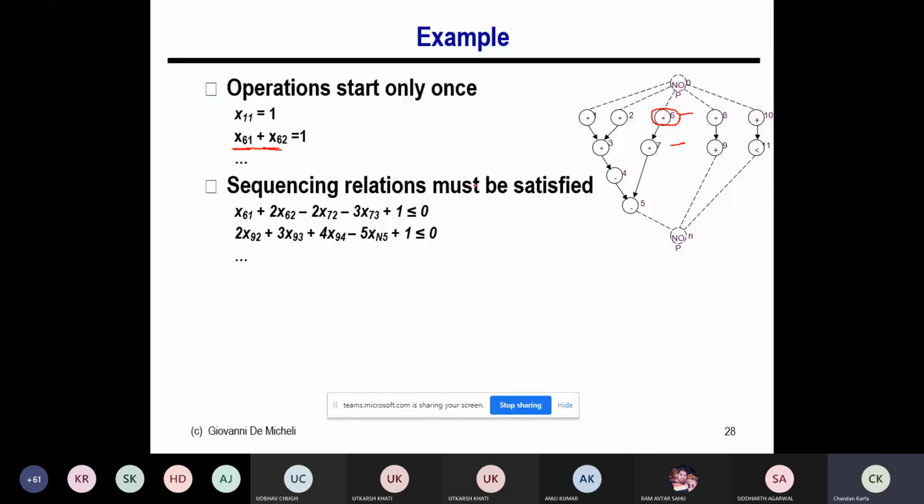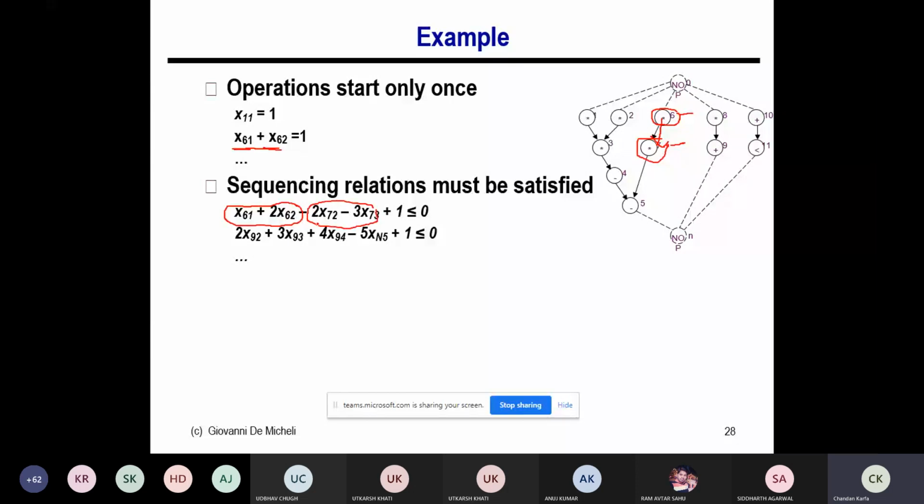And then I have the data dependency constraint. So where I'm saying that the possible start time of, say, if I just take this edge, this is for each edge. The possible start time of node 6 is this: either it is in time step 1 or time step 2. And the possible start time of operation 7 is nothing but this: 2 into x72, where 2 is the start time. If it starts at time step 2, x72 will be 1.